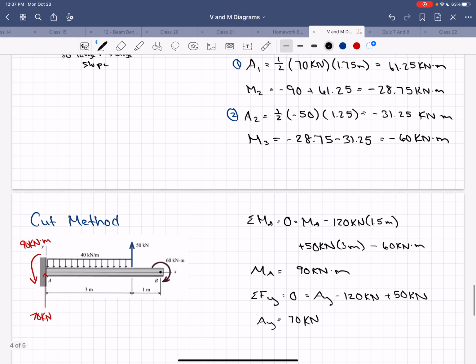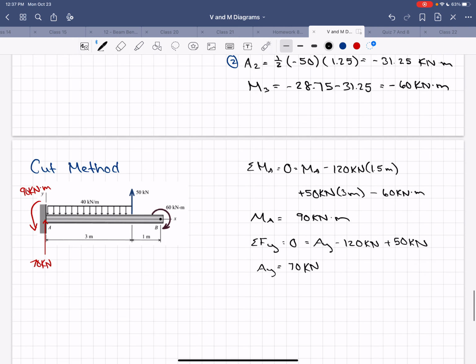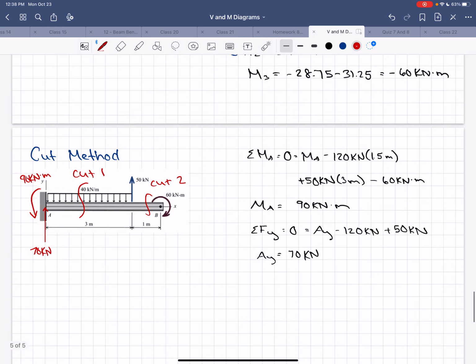Now the cut method, same reactions, so they're all there. And what we're going to do is cut it anywhere things change. So for this problem, we have to do 2 cuts. We need to cut it somewhere along the beam here, cut 1, and somewhere along the beam here, cut 2.